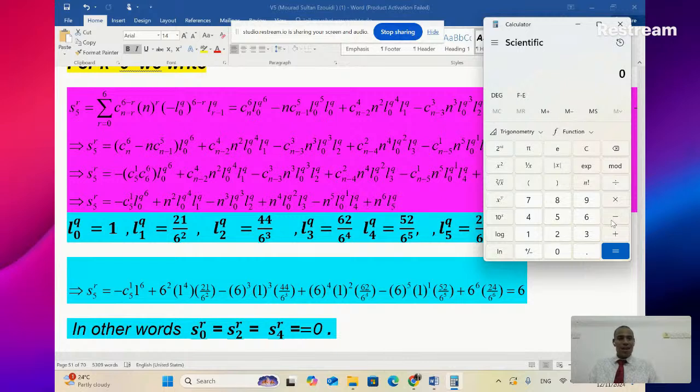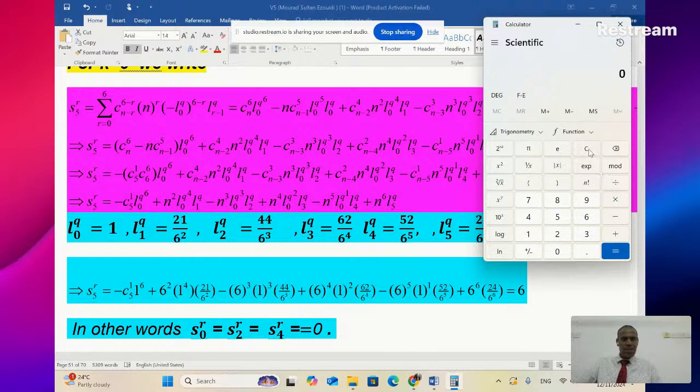So just start: minus 5, plus 21, again plus 21, minus 44, plus 62, minus 52, plus 24.